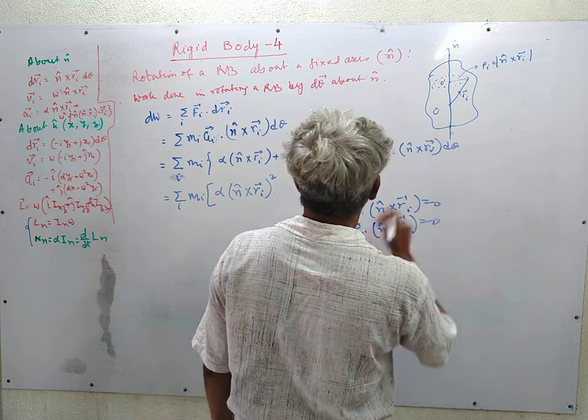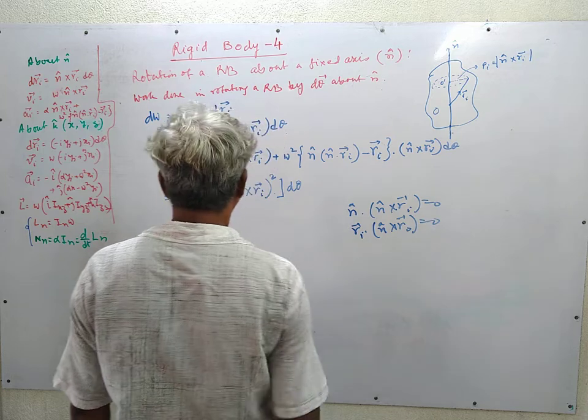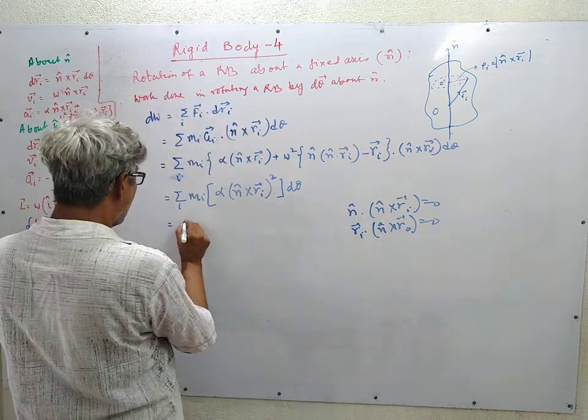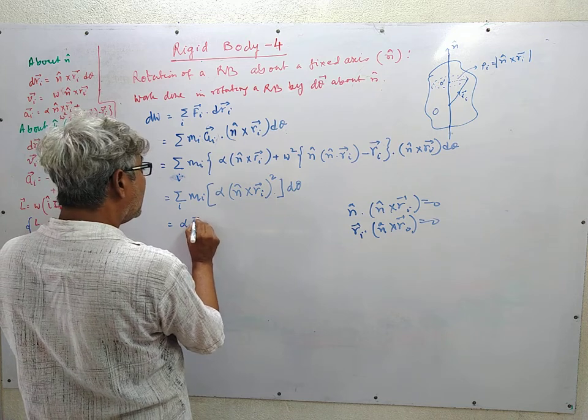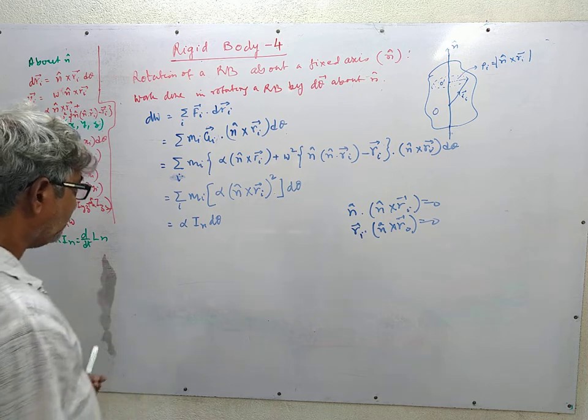This is also 0, so this term does not contribute, and this is d theta. So that we get alpha I and d theta.